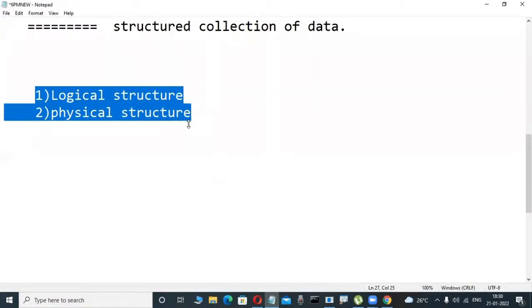Anybody in our class, maybe computer students, maybe from an academic background, their DBMS theory, the database management system paper, I think MTech, MCA, BTech, BCA, MSc computers, these types of persons. Tell me briefly, what is the difference between logical and physical structure? Anybody have any idea? Easy, not difficult. What is logical structure? What is physical structure?